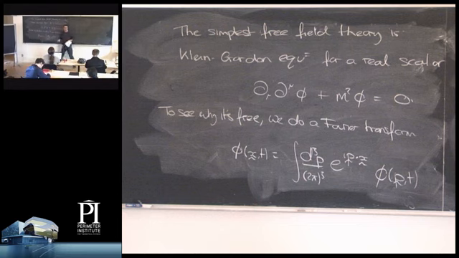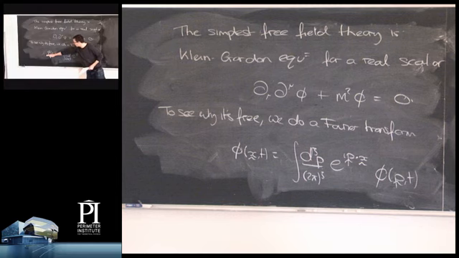It's a 3-vector. It's also not the conserved momentum associated to a field. Given a field configuration phi of x, we can just rewrite it in terms of a new one, phi of p, and they're related in this way. Is this defining phi of p? Yeah, if you like.